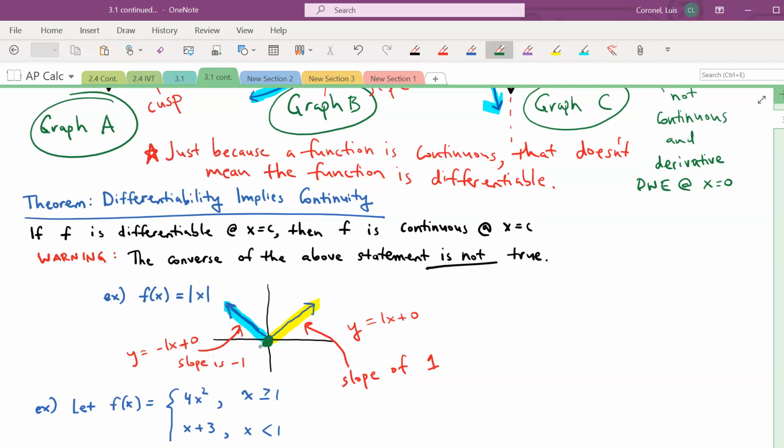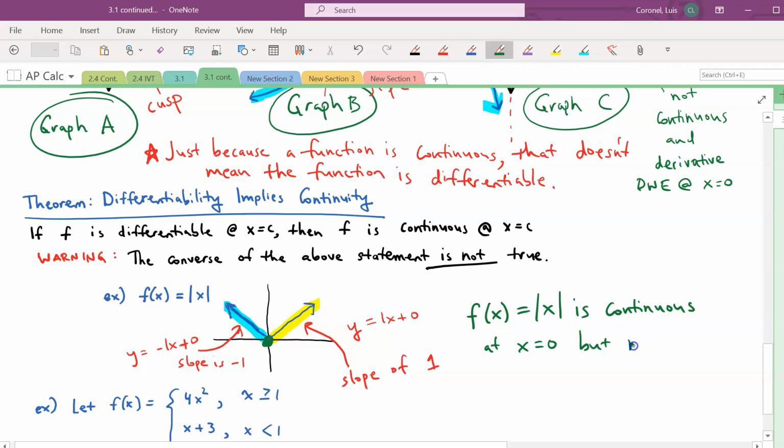So let's just write a note of what we're saying here. We're saying the absolute value function is continuous at x equals 0, but not differentiable.